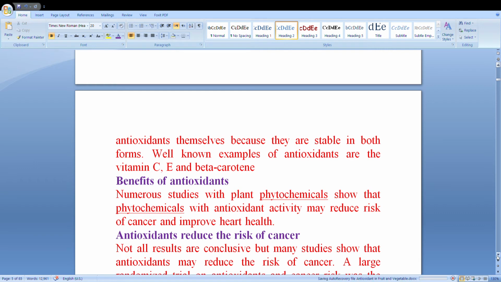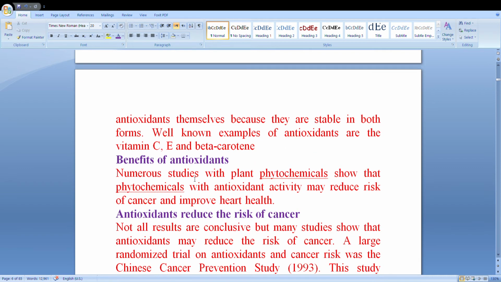Well-known examples of antioxidants are vitamin C, vitamin E, and beta carotene. We also determined vitamin C and beta carotene in many fruits and vegetables and got very good results.